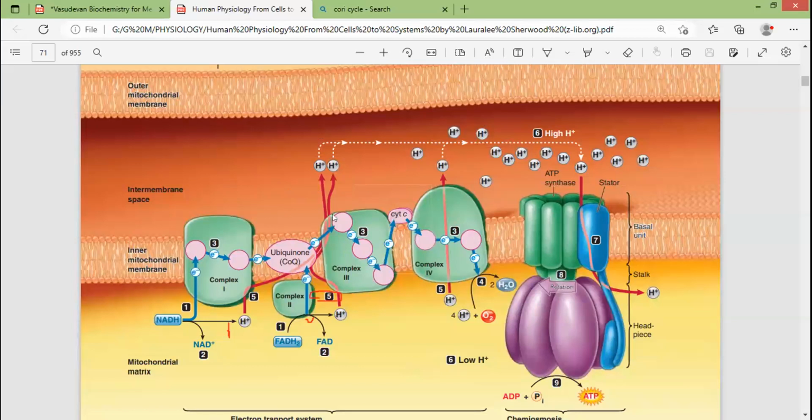So remember this, the inner mitochondrial membrane is a barrier, a semi-permeable membrane. We've been pumping, using the energy that the electrons release when they are walking around, hydrogen ions into the intermembrane space. And now the hydrogen ions have accumulated there.